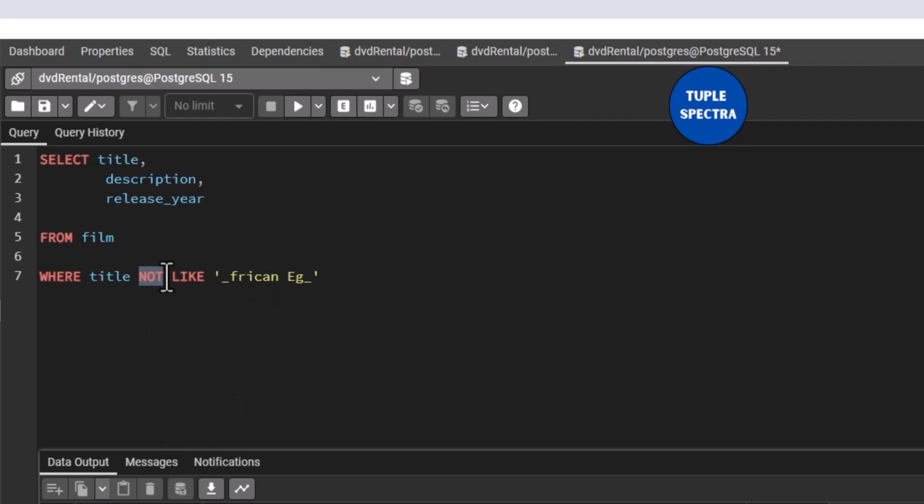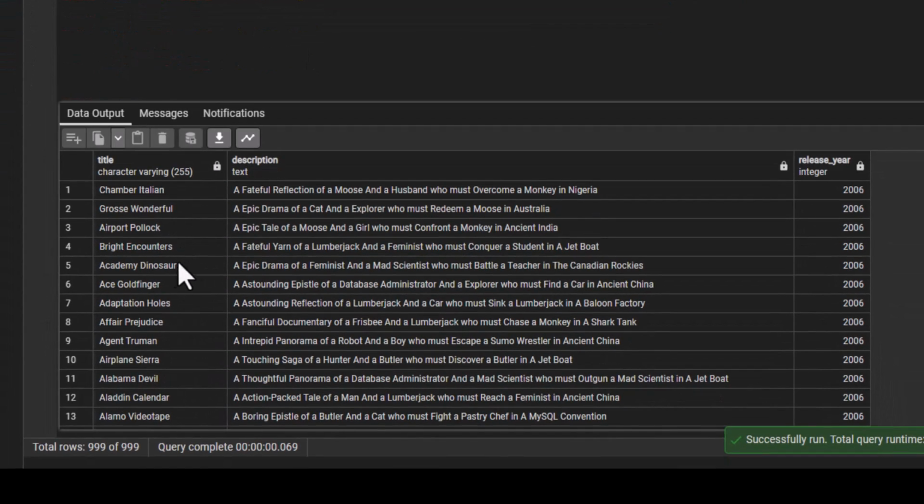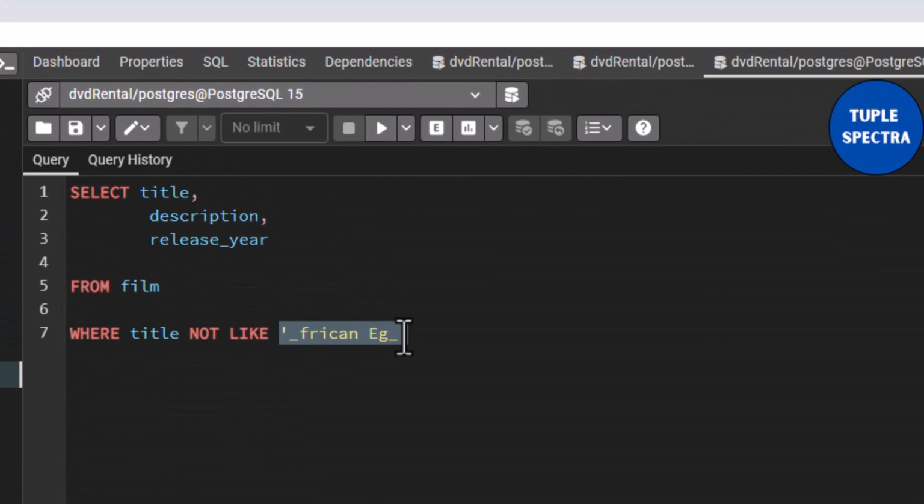So if I say not like, that means give me the rows that are not this pattern. So that should be 999 rows according to this data. Let us run. Very good. You can see that, guys, 999 rows. So what we are saying right here is that we are returning rows that do not match this pattern. Okay, I hope you guys understand that right now.